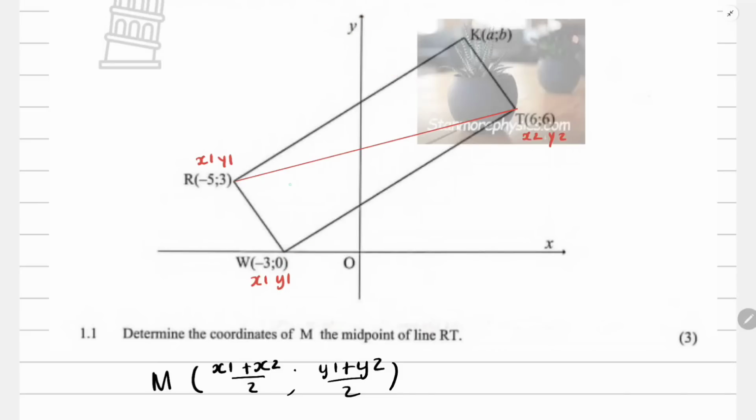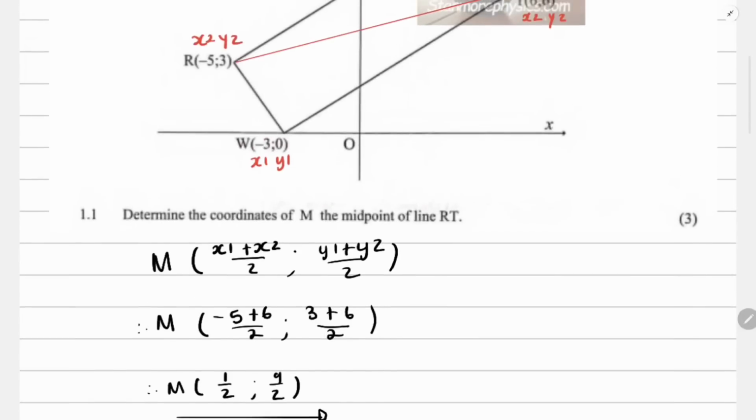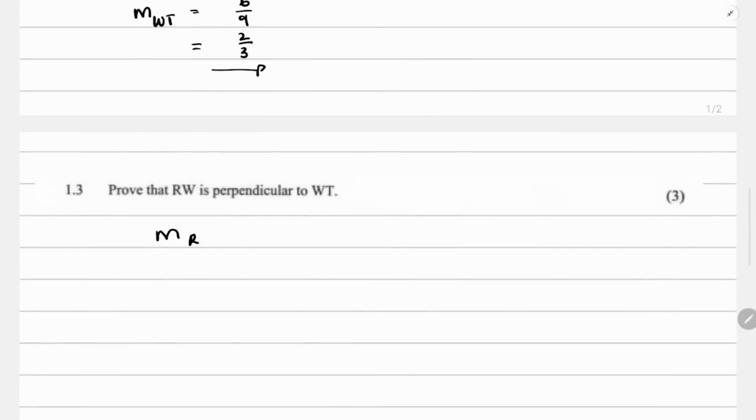Okay, so the good thing is we already have the gradient of this line, WT. We just have to find the gradient of this line. Okay, so we can go ahead and do that. Since we just need to find that gradient, I'm going to just change one of it. So I'll call this one x2 and y2. Again, using the gradient formula, I'm not really going to write the formula because it is already there. So we'll just find the gradient first of this line, RW.